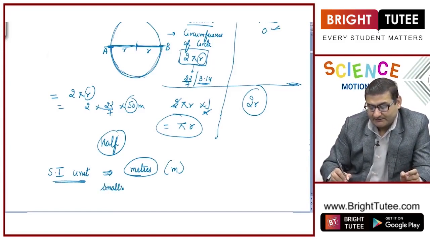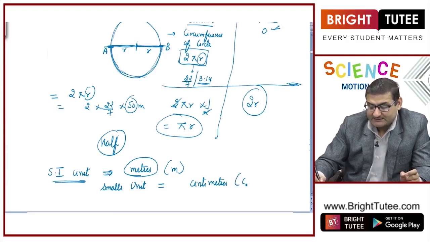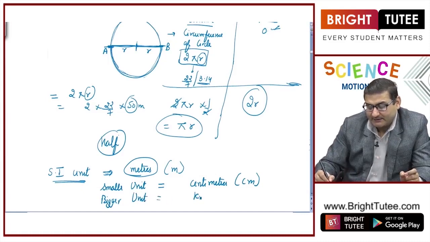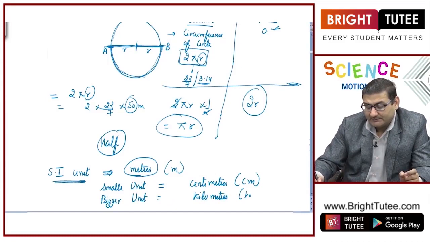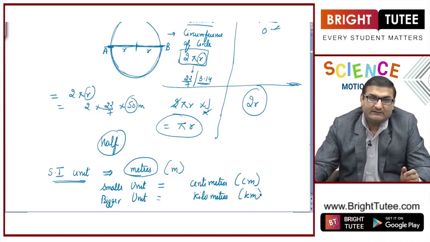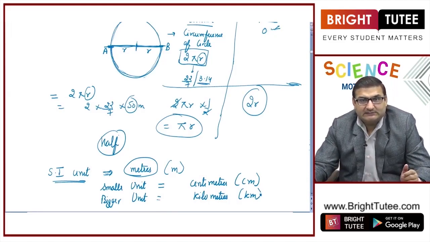For example, if I take a smaller unit, that smaller unit is centimeters, which is expressed as small c small m. And if I talk about the bigger unit of distance and displacement, it is kilometers. Kilometers represented by km. So, these are the units that we will be using. It will be centimeters, meters, kilometers.